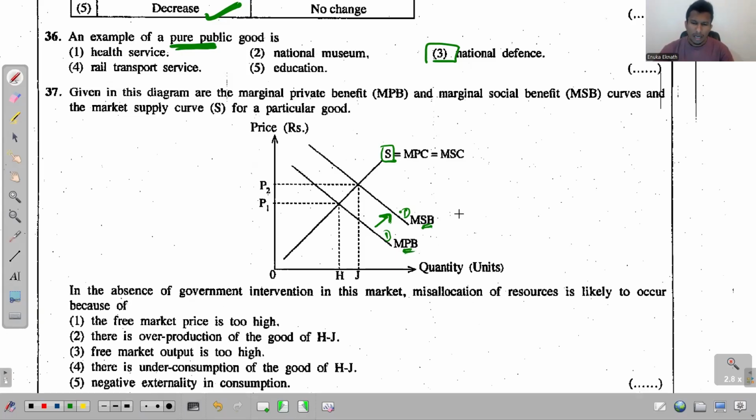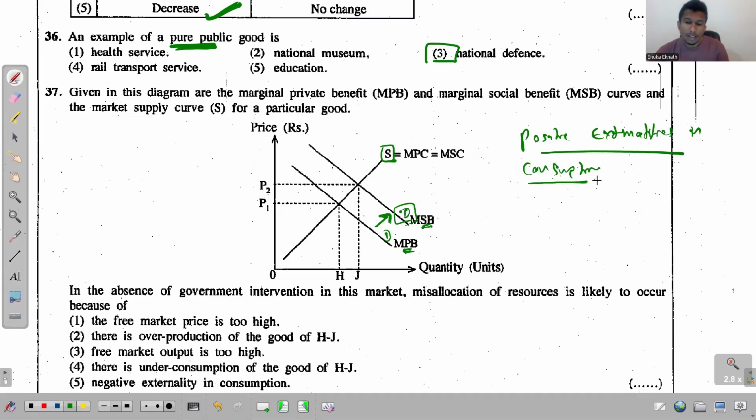Why is that? Because there must be positive externalities, right? These are related to the demand curves. So there must be positive externalities in consumption. So if there are positive externalities in consumption, we normally recognize such goods as merit goods.